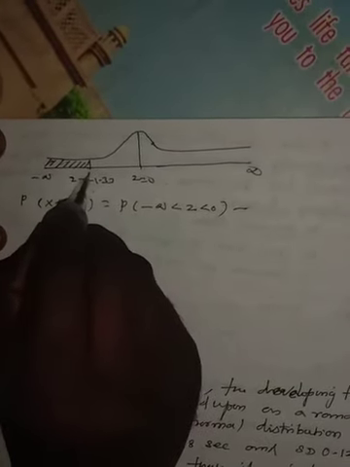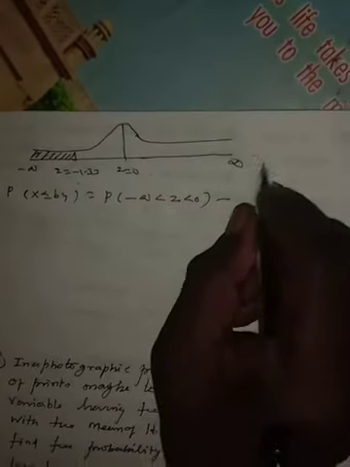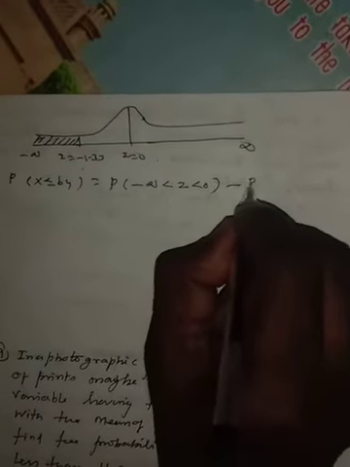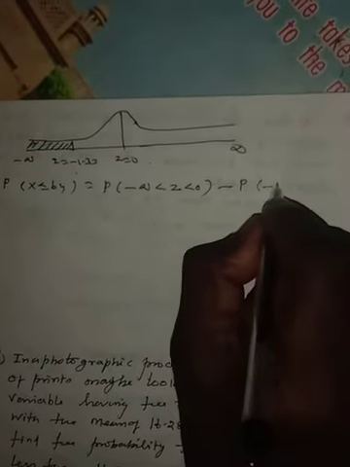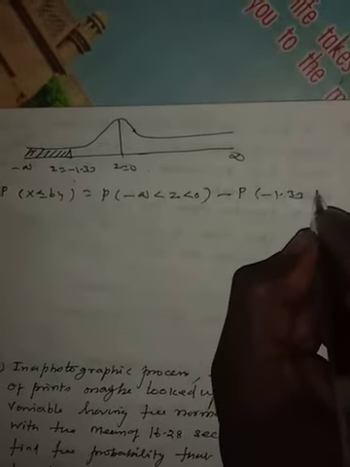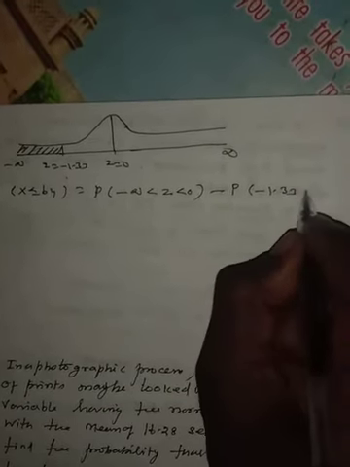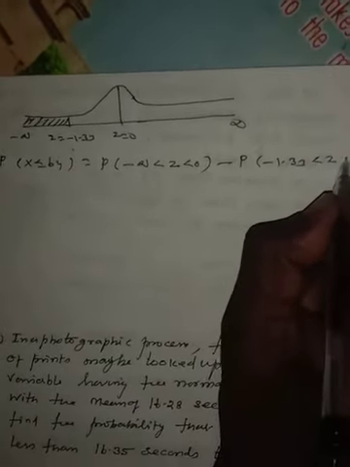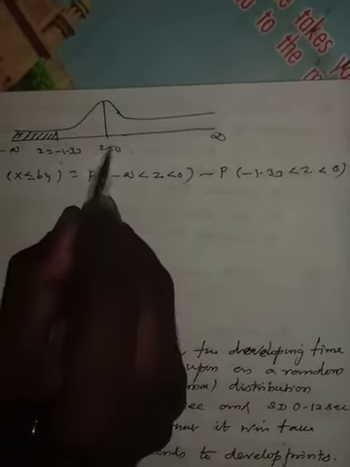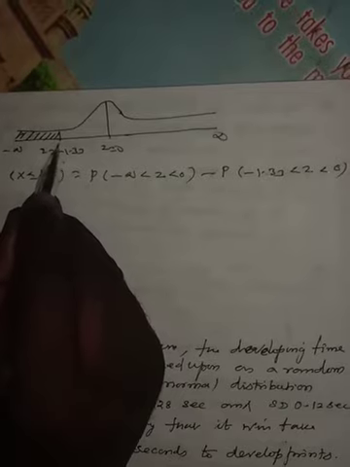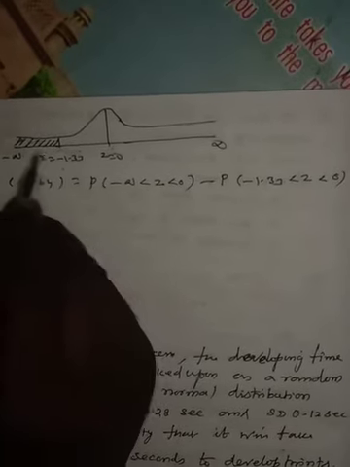Minus this portion, the probability of minus 1.33 less than z less than 0. Minus infinity to 0 minus this portion gives the shaded portion.